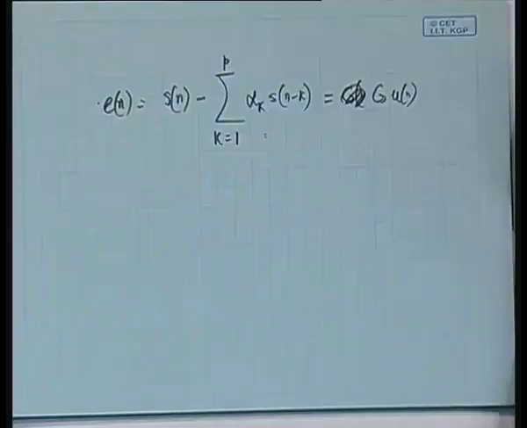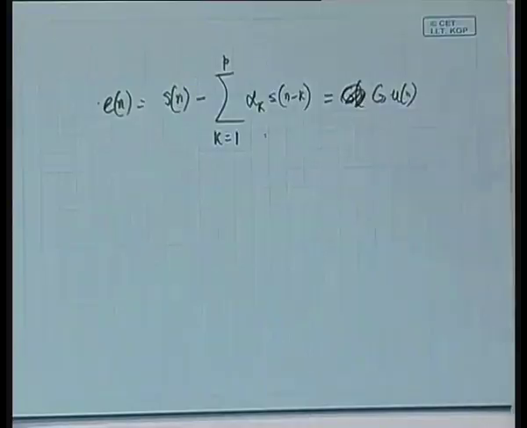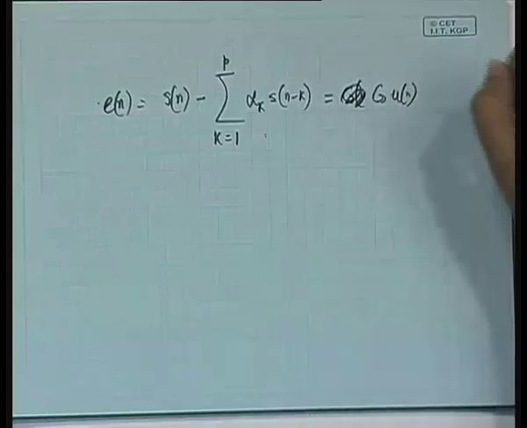Well, if you are doing the spectral analysis of this S of n, just remember that S of n is not only going to contain the signal corresponding to the pitch period, but also some harmonics which result from the formant frequencies.